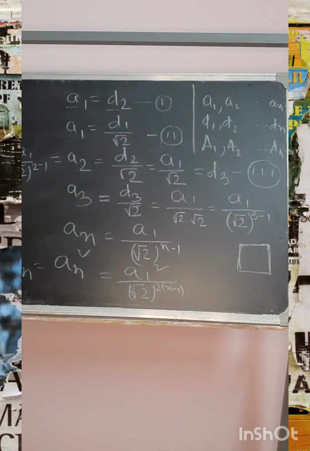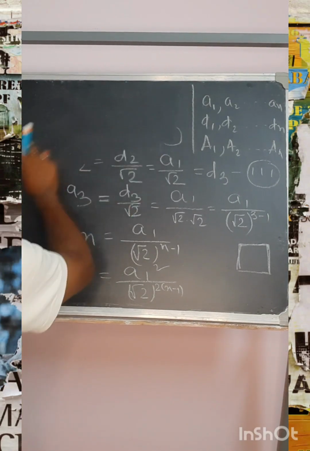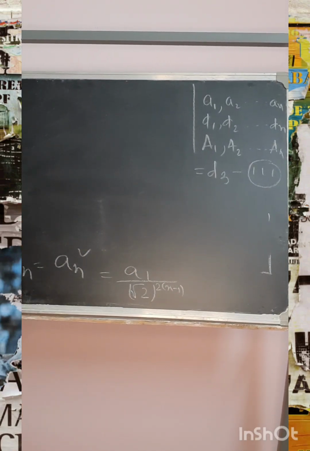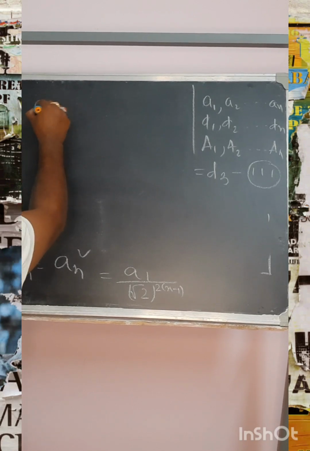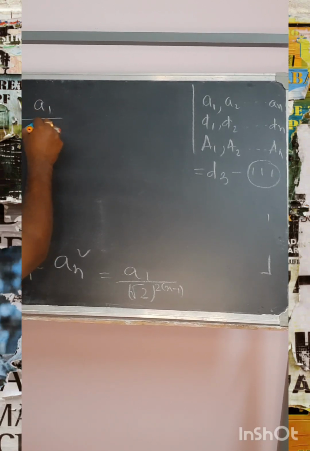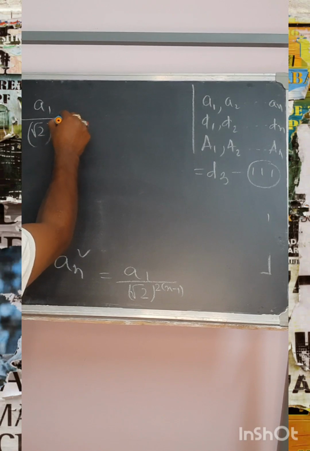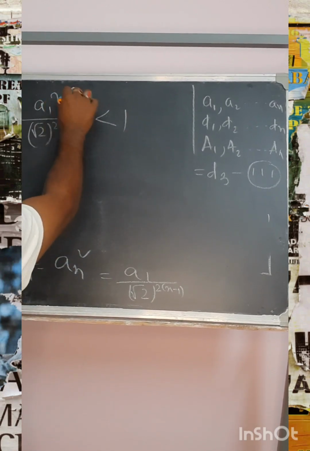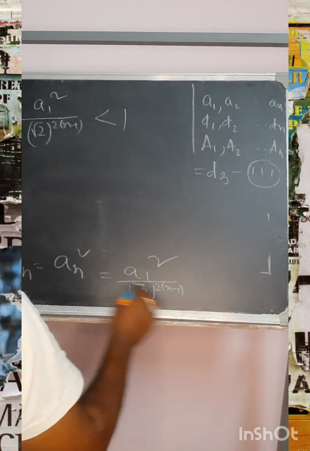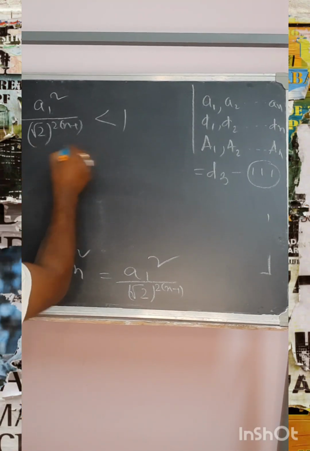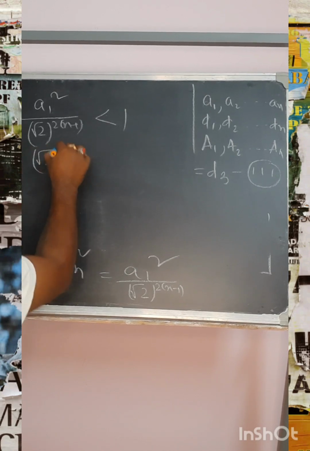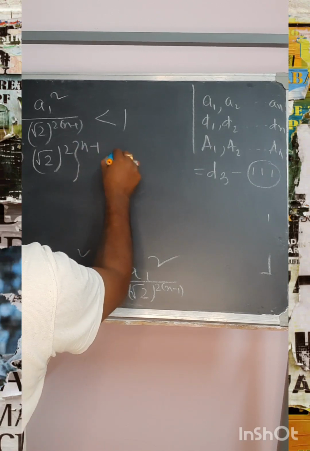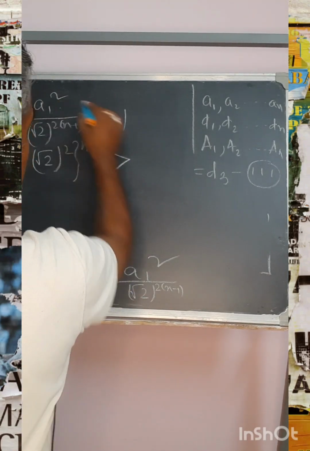Now as per the condition of the sum, the area should be less than 1. So A1 squared divided by root 2 whole to the power 2 into n minus 1 is less than or equal to 1, which means root 2 whole to the power 2 into n minus 1 is more than A1 squared.